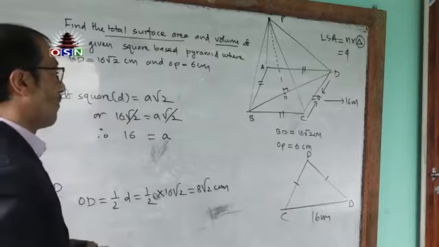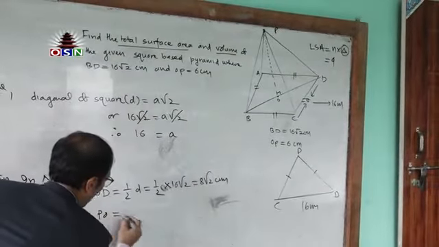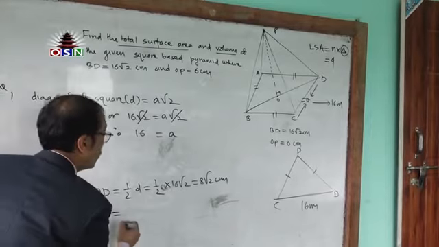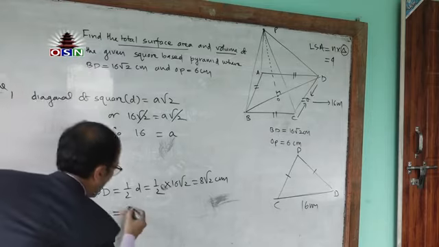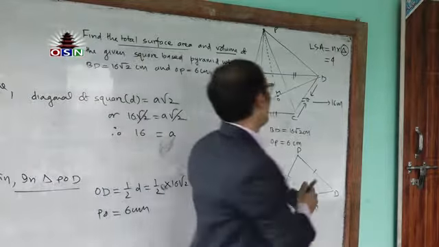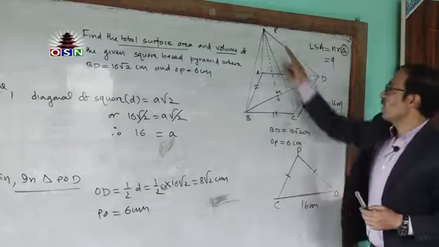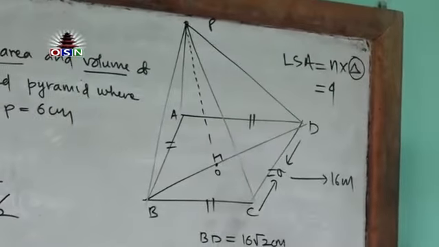We have got this one. And again we know PO: the question has given you PO equal to 6 centimeter. Now you just focus on this triangle POD. Let's see on POD, what is the figure?